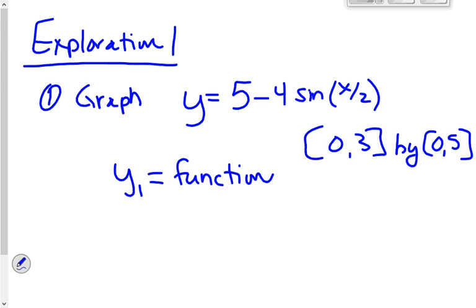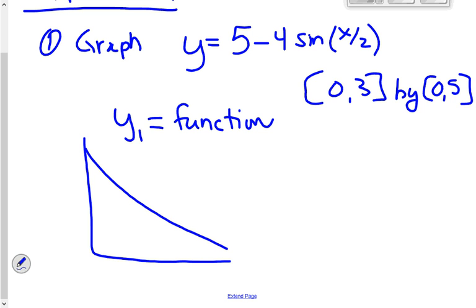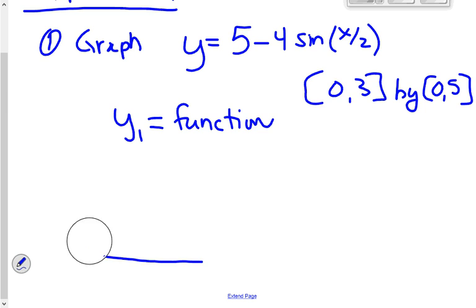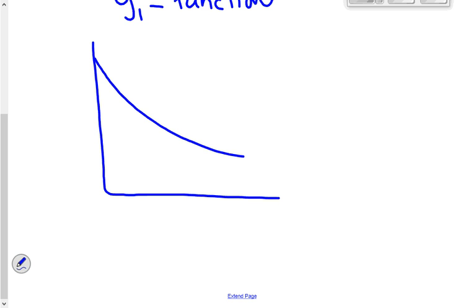And so you should get something that looks like that. It actually kind of levels off a little bit more at the bottom. Right? Okay.